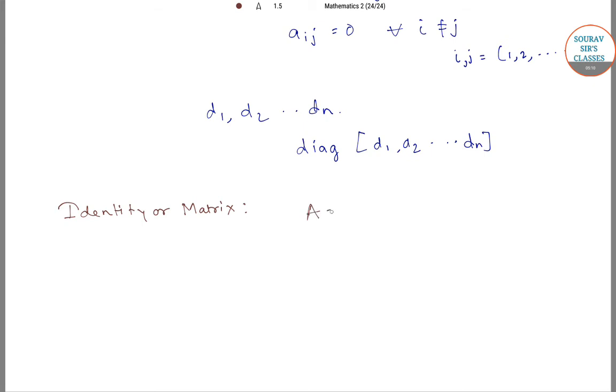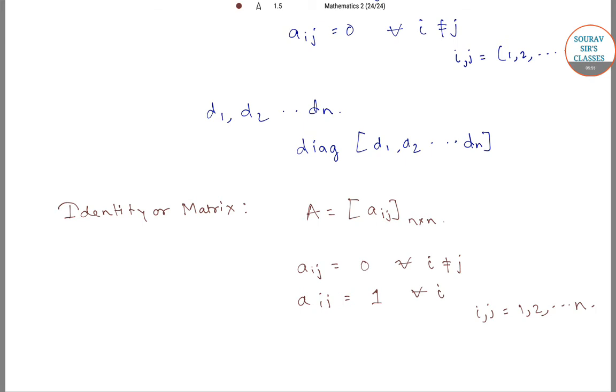A square matrix Aij, n by n, is called an identity matrix or unit matrix if Aij is equal to 0 for all i not equal to j and Aii is equal to 1 for all i, where i, j is equal to 1, 2, and so on till n. So this is the identity matrix.